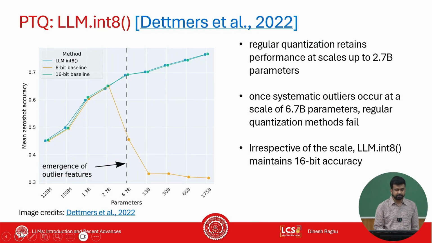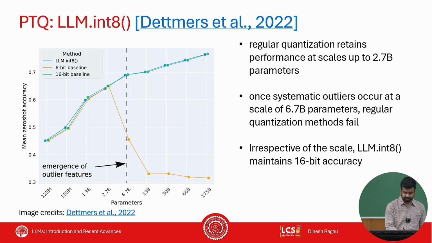So people started using this, and this seems to work very well. But then in 2022, when the size of the models started to increase, people found that after a certain value, the 8-bit baseline was not giving as much accuracy as the 16-bit one, which is the green line, right?